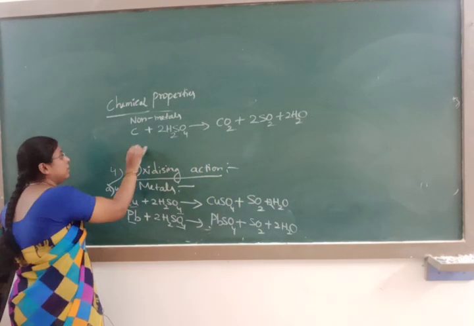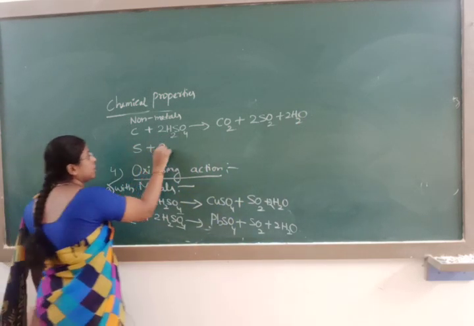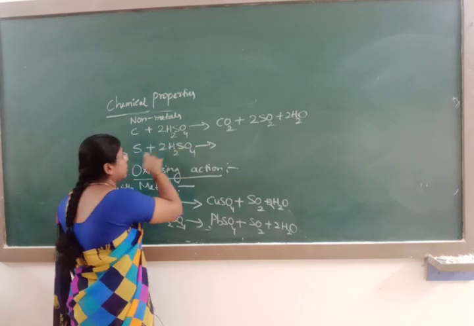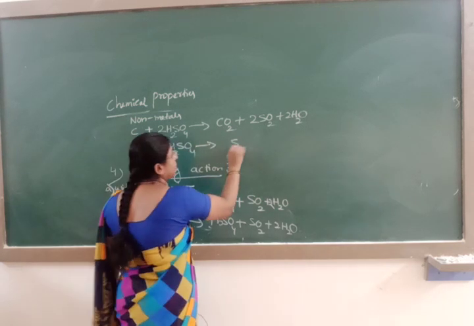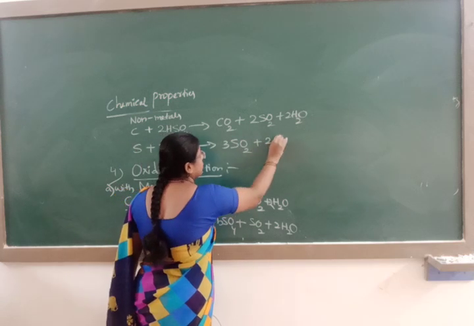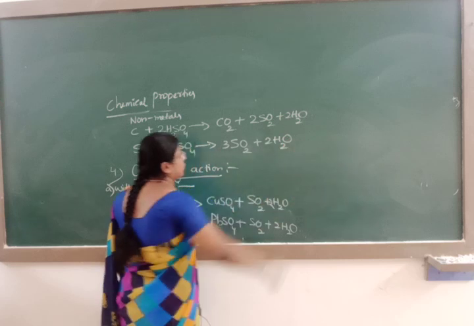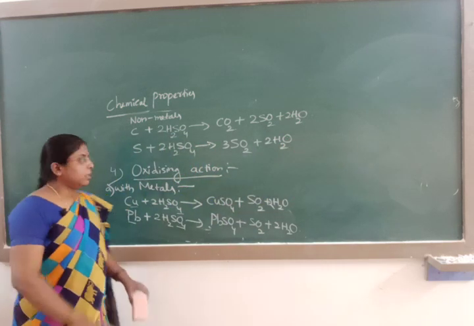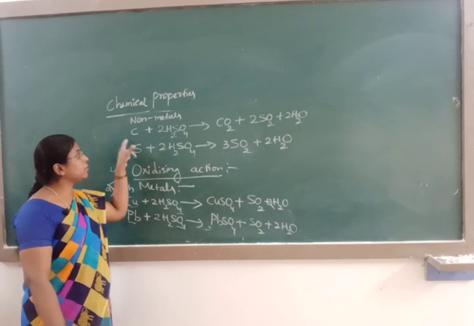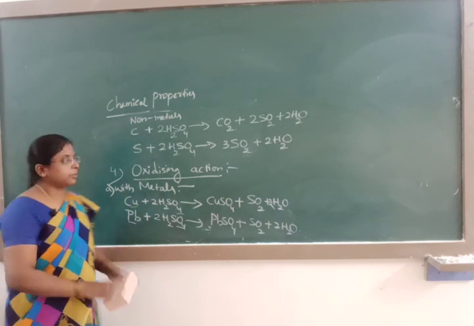Similarly, like carbon, sulfur also gets oxidized when it reacts with sulfuric acid. Sulfur gets oxidized to sulfur dioxide, and along with sulfur dioxide you get a water molecule. Sulfuric acid oxidizes both metals as well as non-metals.